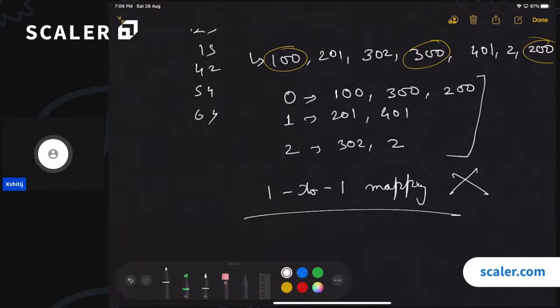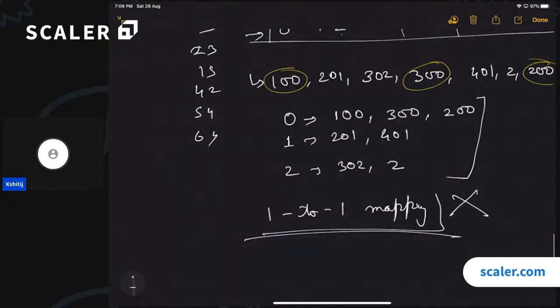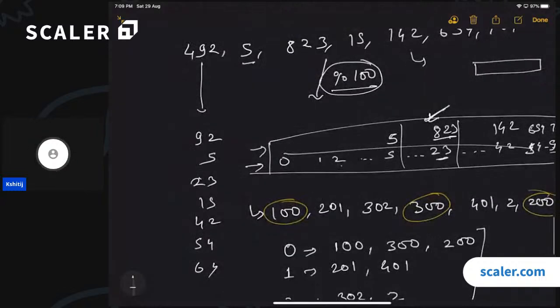Currently, if you are only trying to store a single element against one index, then since there is no one-to-one mapping, this will definitely fail. We are going to lose some data, because every time you have a collision, the previous number will be overwritten. But what if I use a linked list?